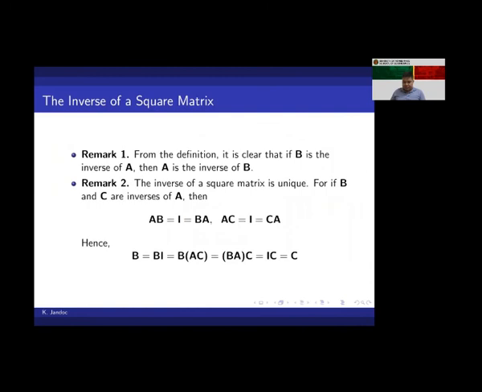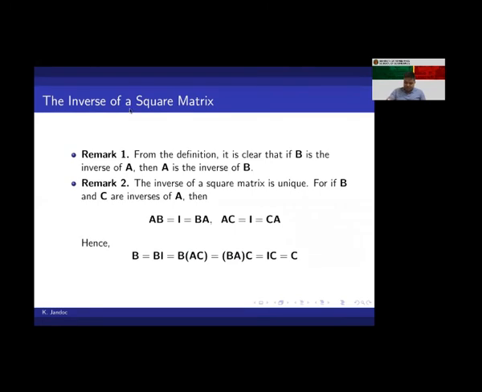So this is a remark. From the definition, it is clear that B is the inverse of A and, vice versa, A is the inverse of B. Now, when you have an inverse of a matrix, that inverse is unique to that matrix. Why is it so?